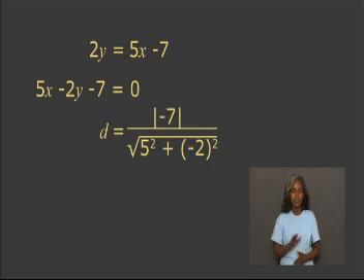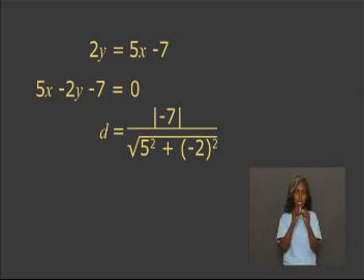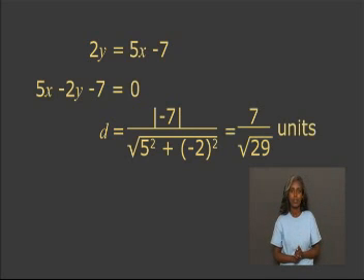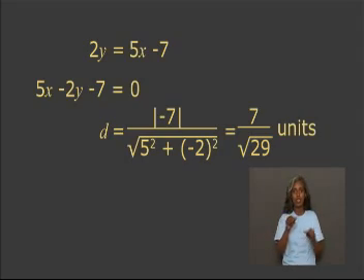To find the distance from the origin, we take the absolute value of negative 7 over the square root of 5 squared plus negative 2 squared. The distance from the origin is 7 over the square root of 29 units.